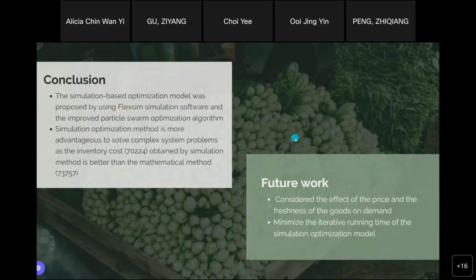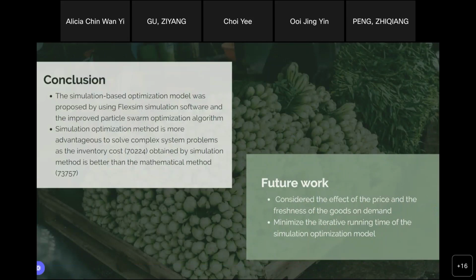As a conclusion, the simulation-based optimization model of the multi-echelon inventory system for fresh agricultural products was proposed in this study using the FlexSim simulation software and the improved particle swarm optimization algorithm.